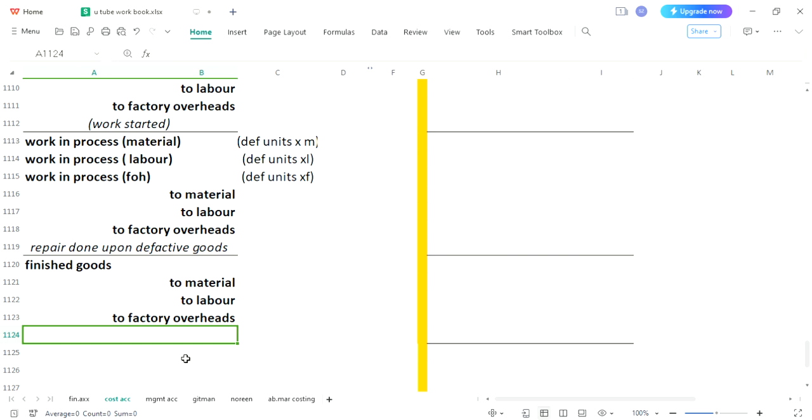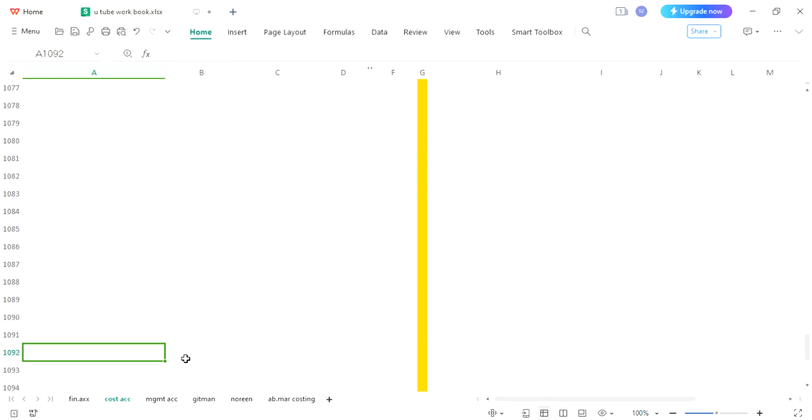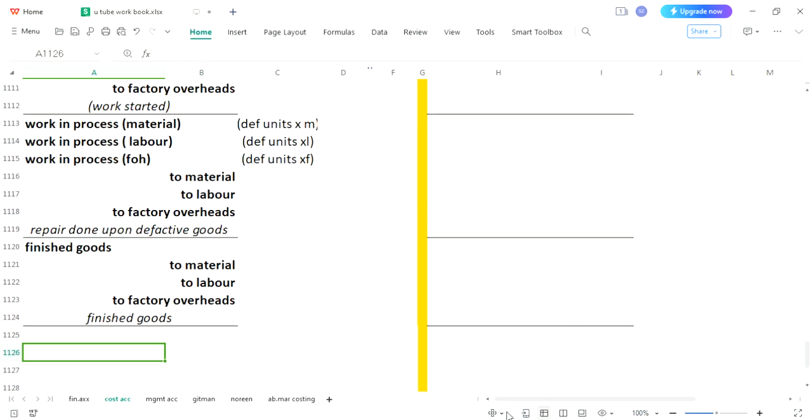Finished goods are recorded over here. This way your three entries are completed. Let's zoom to see what you will be doing over here.